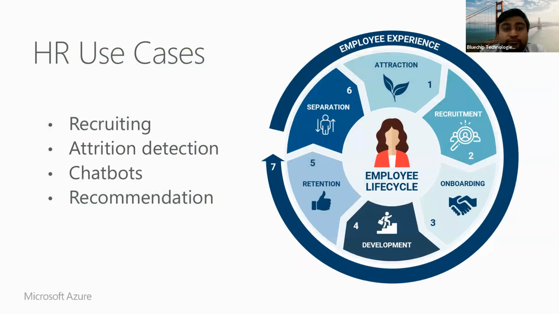So next, we'll discuss a couple of use cases. First, I will go into the HR side, which is human resources. In that, we look at a couple of use cases that we can apply machine learning to. One is recruiting. On the recruiting side, we can, for example, create an automated hiring agent, right?